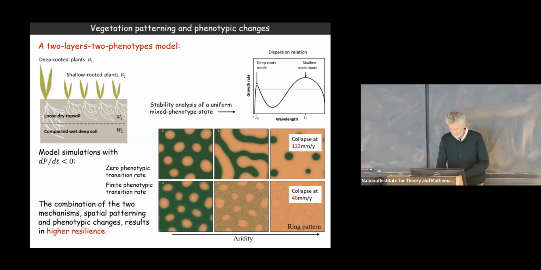And another result is that if we look at the precipitation at which the large-scale spots collapse to bare soil, for the parameters that we used here it is 123 millimeters per year, while when we have these phenotypic transitions, the collapse of those rings is at 46 millimeters per year.